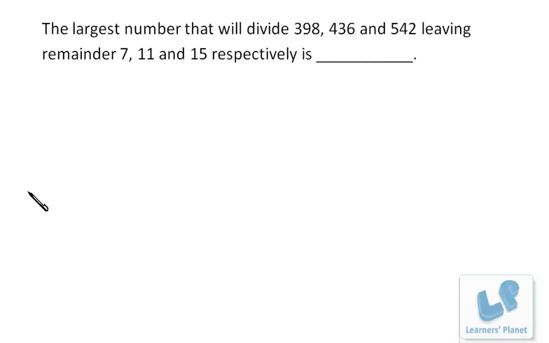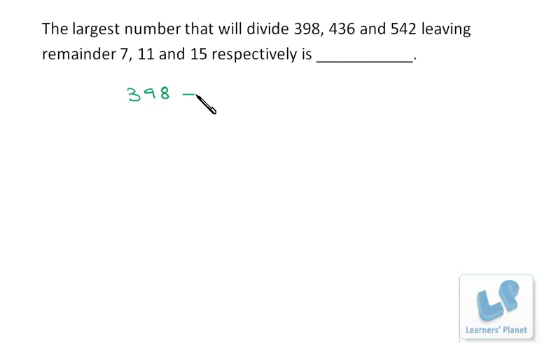Now friends, let's try this question. The largest number that will divide 398, 436 and 542, leaving remainder 7, 11 and 15 respectively, right? So the concept is quite similar to the previous one. So let x be the number. If 398 is divided by x, 7 is the remainder.